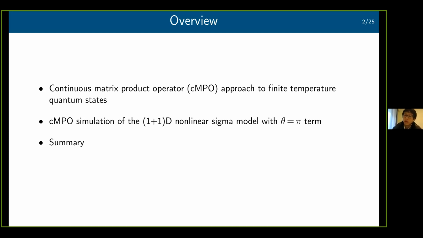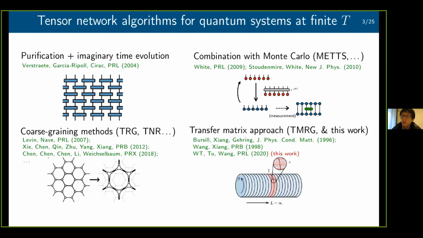When talking about quantum systems at finite temperature, a common choice for numerical simulations is the quantum Monte Carlo method. But for many interesting problems like quantum spin systems with frustration or many fermion problems, we will face the sign problem.